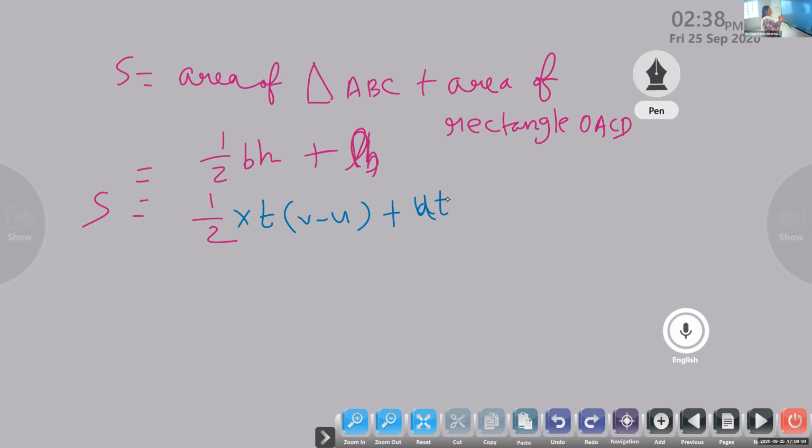UT. Now we just rearrange this equation. So S is equal to UT plus half AT square. Sorry, I did not mention how you get A. You can write that from equation 1. Let us go back to the first one.